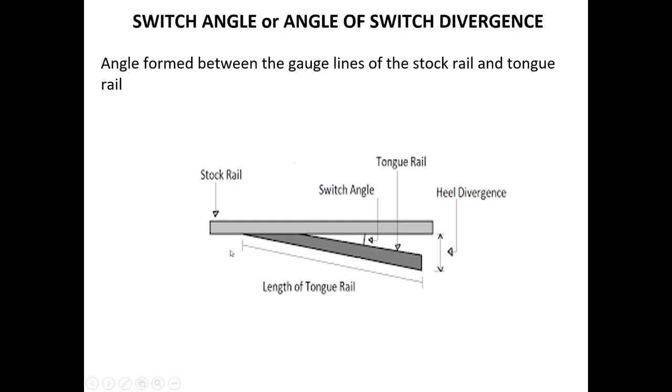Okay, and this is the length of the tongue rail, and this will be the length of the stock rail, and the height from this point to this point, that is the inner gauge line of the stock rail to the outer gauge line of the tongue rail, this height, this length is called as heel divergence.